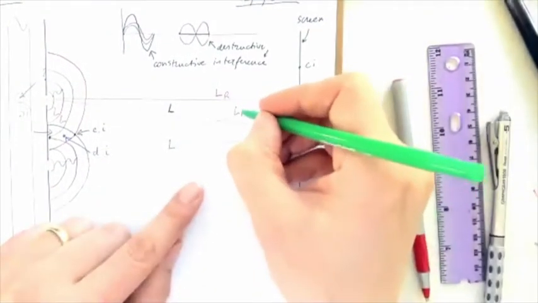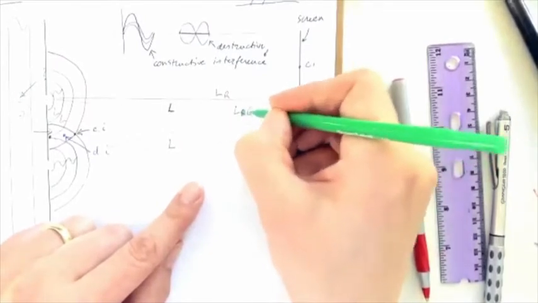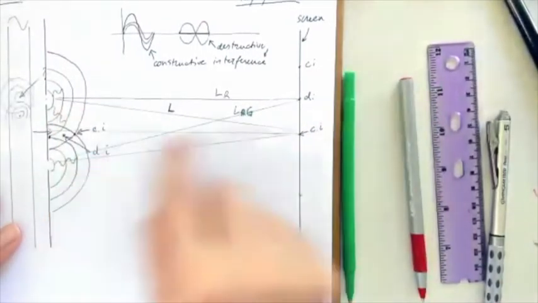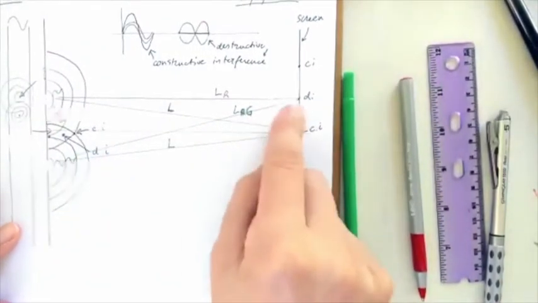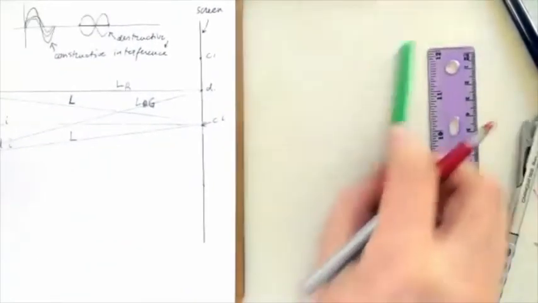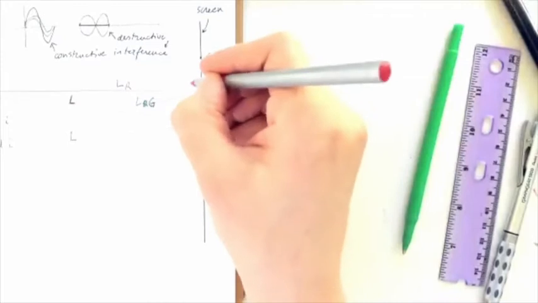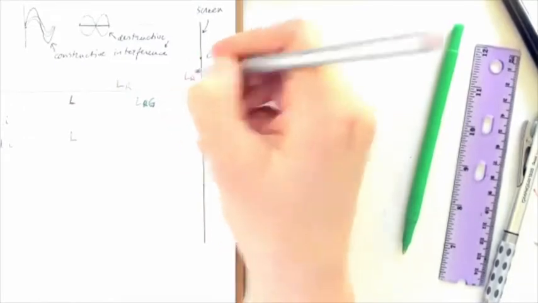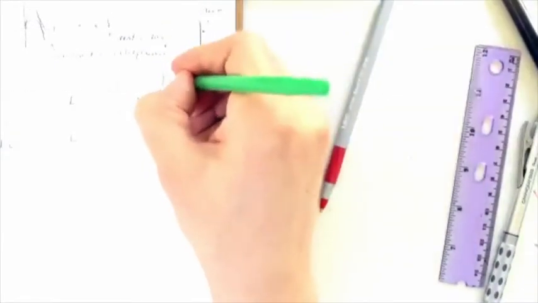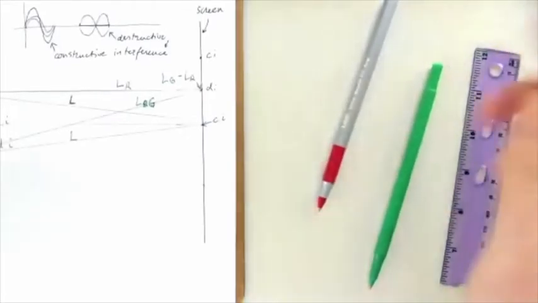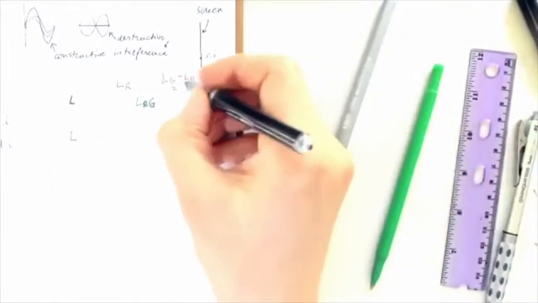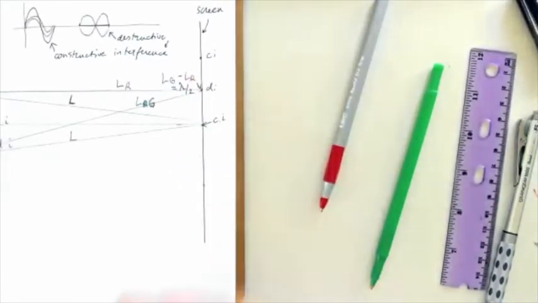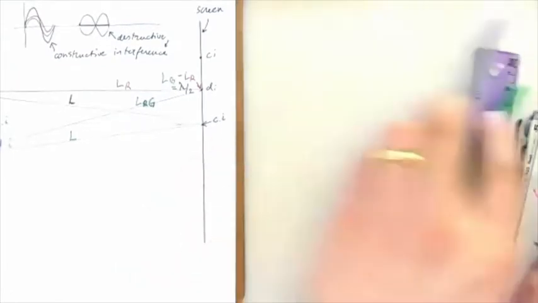So red, this is green, that's G. They're not different colors, I'm just using that to indicate where it's coming from. So at this point, LG minus LR, that's here, is lambda over 2. So that's why we get destructive interference.